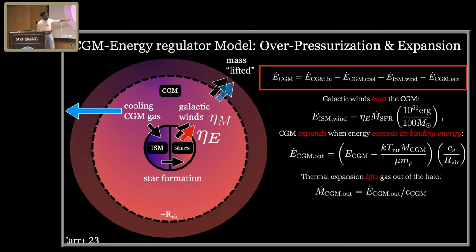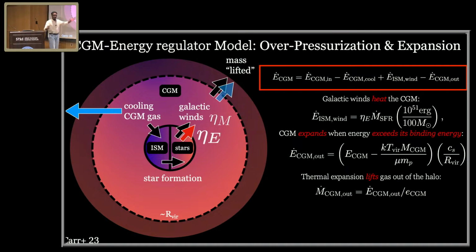And we approximate this using some analytical form here, and we assume that this expansion of the CGM beyond the virial radius, and beyond the bounds of the dark matter halo, occurs on the order of the sound speed of the system. And so in this thermal expansion, not only are you venting out energy, but you're also taking with it a considerable amount of mass as well, and you can estimate that just by considering the specific energy of the CGM.